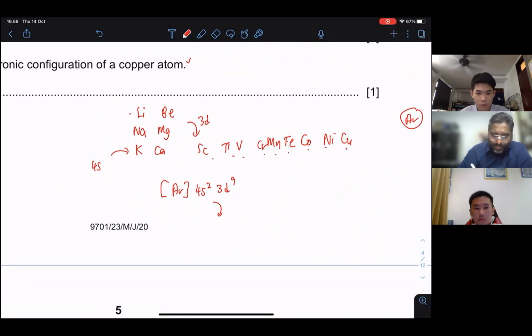You see lithium, beryllium, sodium, magnesium, and then scandium, all these transition metals. Then we are looking for copper, and towards the end you can see argon.